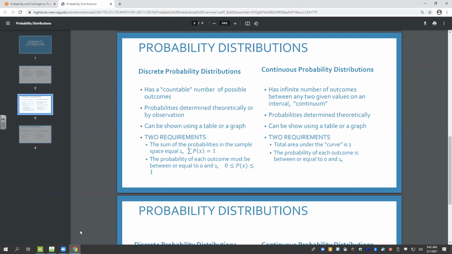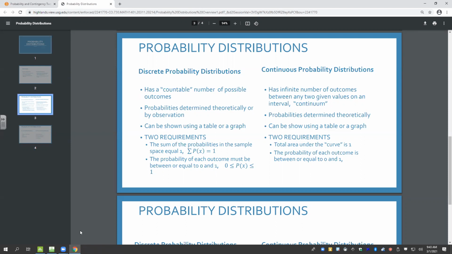And again, the idea of it being continuous is it is on that continuum, and we can break it down into smaller and smaller units. These particular probabilities are determined theoretically, typically by an experiment of thousands or hundreds of thousands of times of conducting the event. Again, we can create a table or a graph.